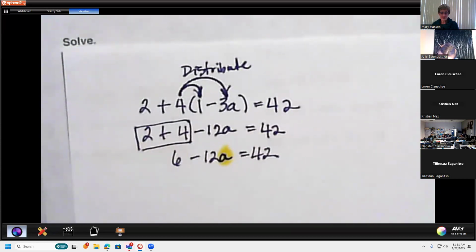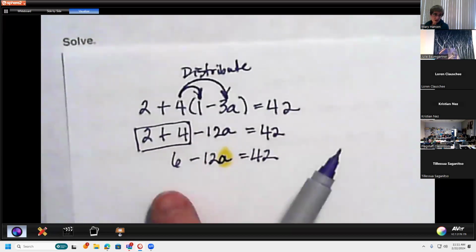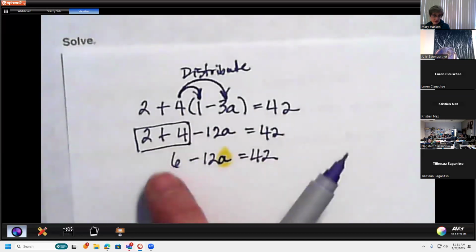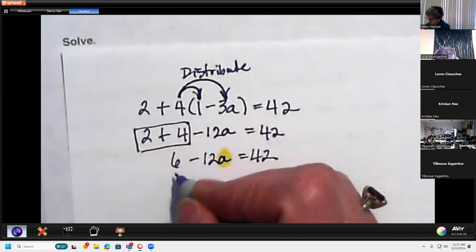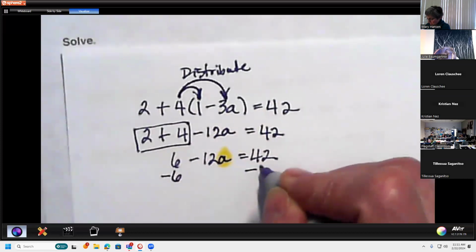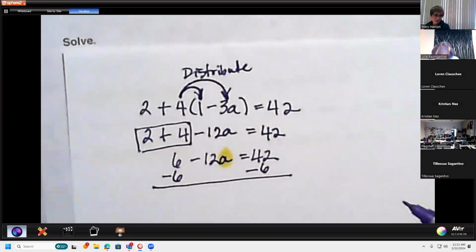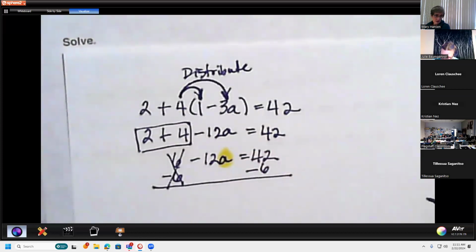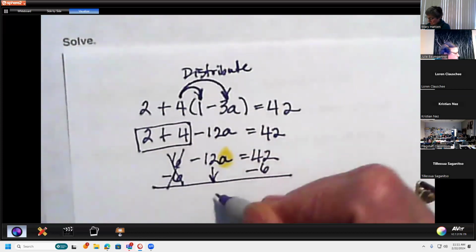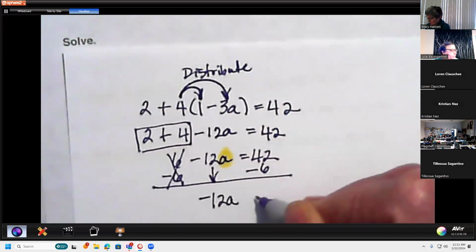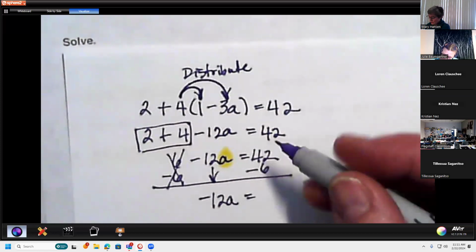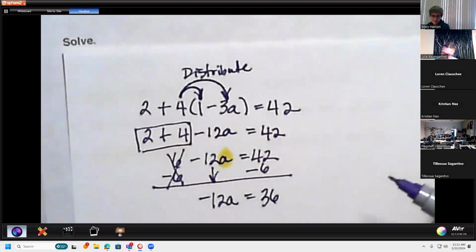A's are all on the left-hand side, and I've got 2 numbers to get rid of. Got a 6 and I've got a minus 12. This 6 is positive, and so I'm going to subtract 6 from both sides. That makes 0. And what comes down is this minus 12A. And 42 minus 6 is 36.